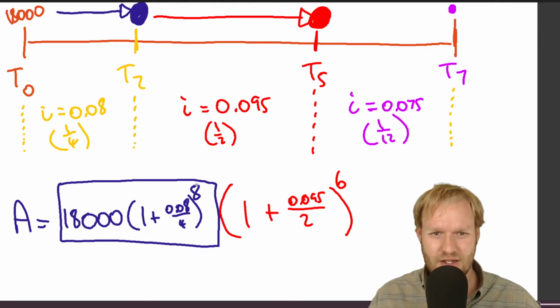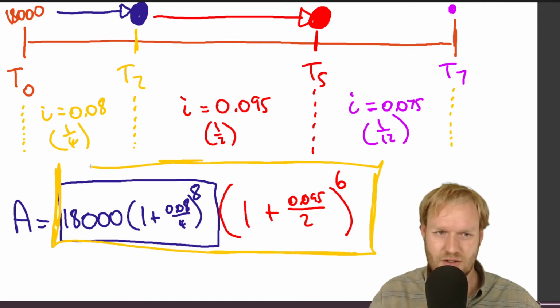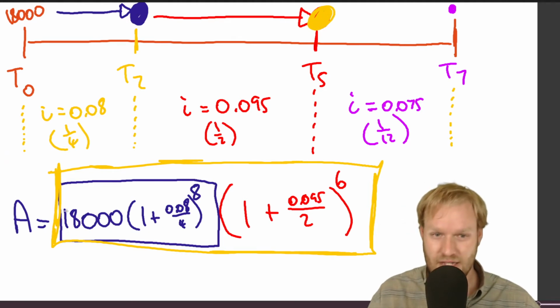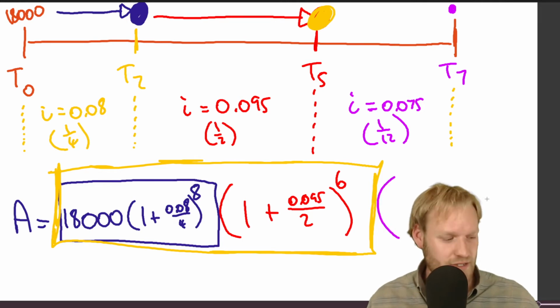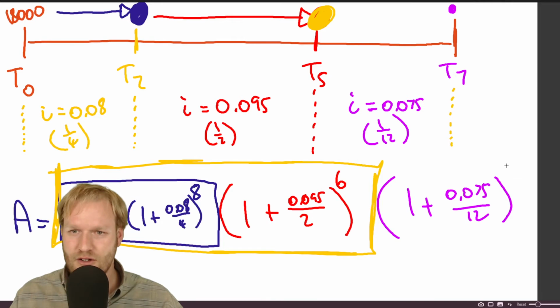And if we take that whole amount, that's like what we put in, that's like the P value. And we're going to invest that for 1 plus 0.075 over 12 to the 2 years times 12, that's 24.